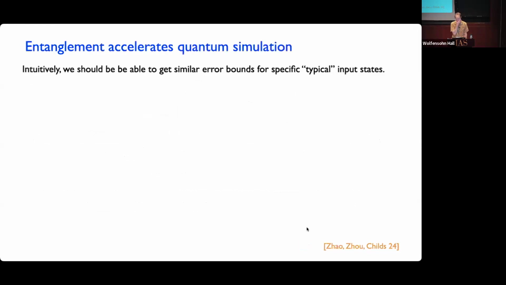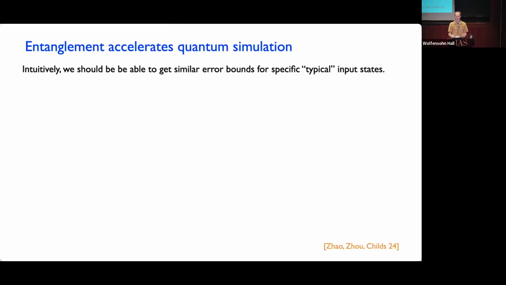But it turns out that there's another perspective on this, which allows you to get similar sorts of bounds, but without the assumption that the state is drawn at random from some distribution, but actually just for any typical state. And you might kind of expect this. Intuitively, if on average things are behaving in this better way, you ought to have better bounds typically.